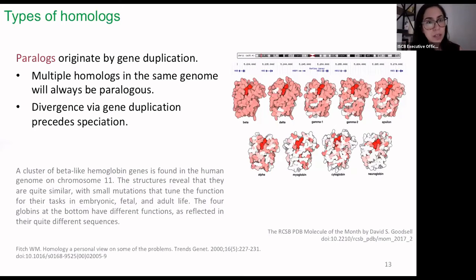But something very interesting happens in paralogs. Whenever we have in a genome multiple homologs, they will always be paralogs, and divergence via gene duplication precedes speciation. So the interesting thing about paralogs is that if we find one interesting paralog, we can make the hypothesis that the duplication of this gene came before the speciation.